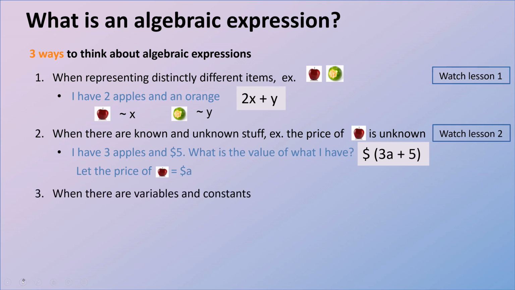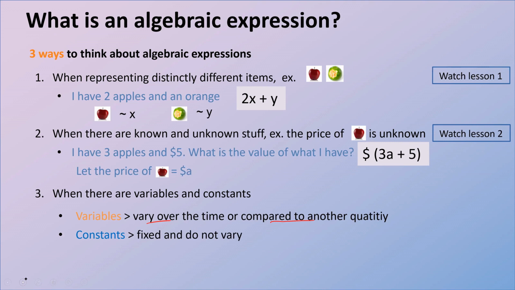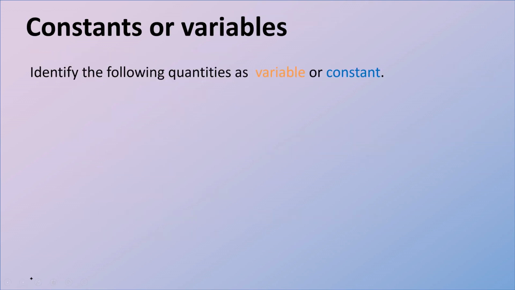Thirdly, when there are variables and constants. Variables are quantities that vary over time or vary compared to another quantity. Constants are some fixed amount or fixed quantities that do not vary. First of all, let's identify whether the given quantities are variables or constants.